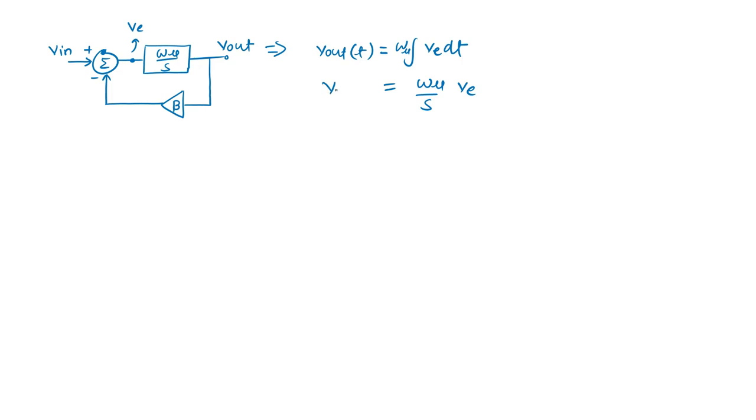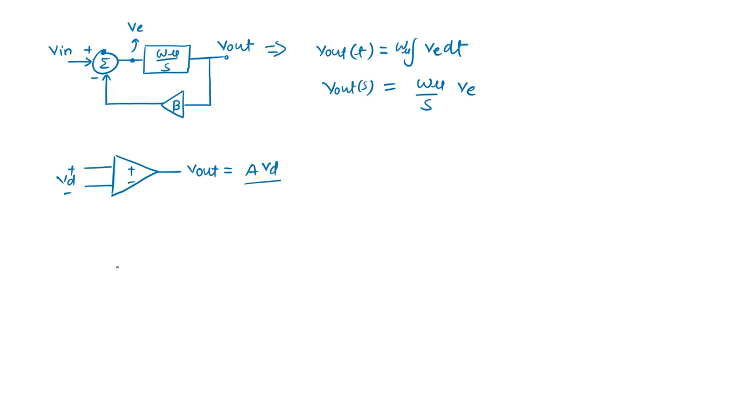Or in general I can say it takes a difference voltage and integrates it. For producing the output, V out is A times VD. So this is the general thing. What I mean to say is, it integrates the error voltage or the difference voltage, then it produces the output.